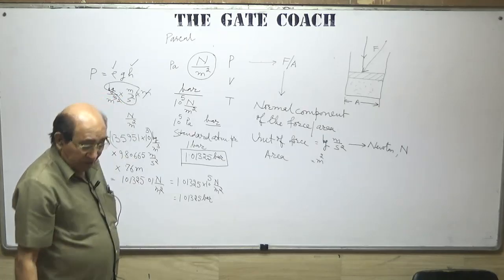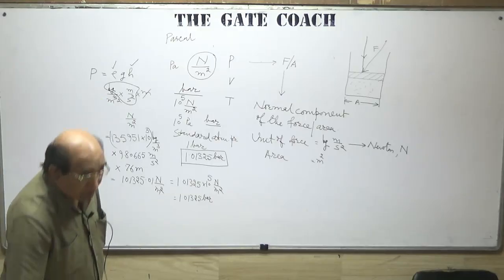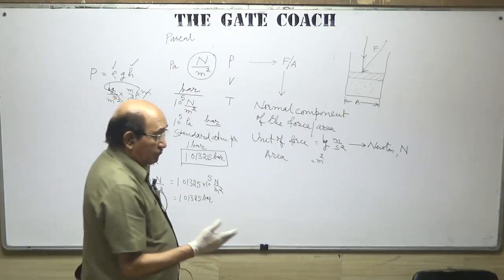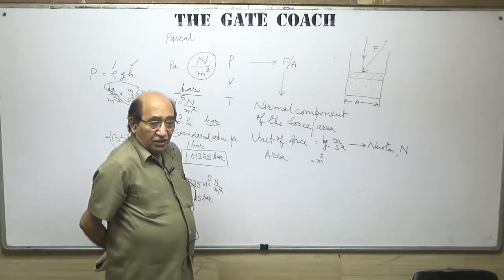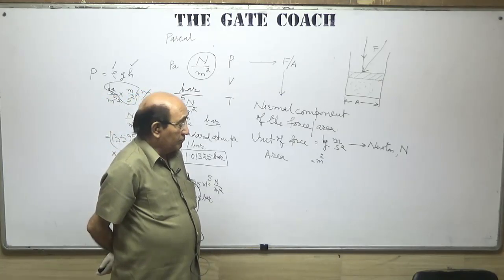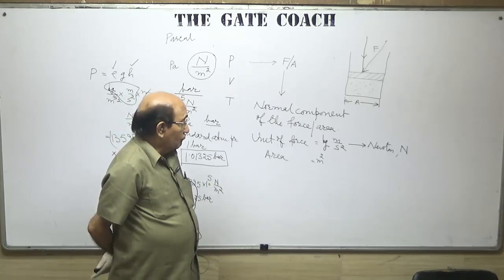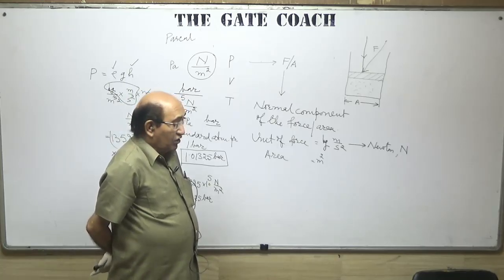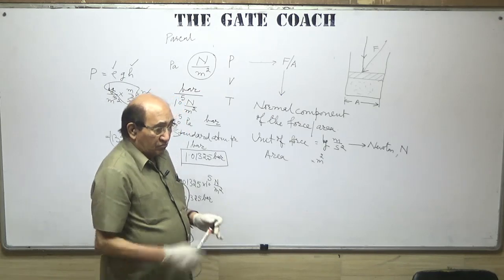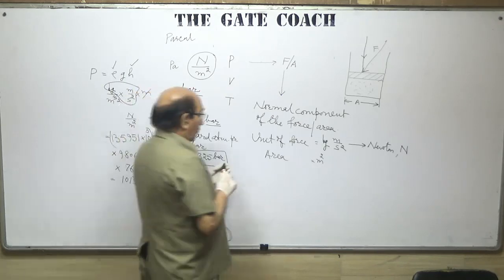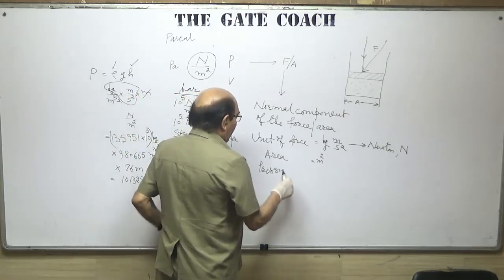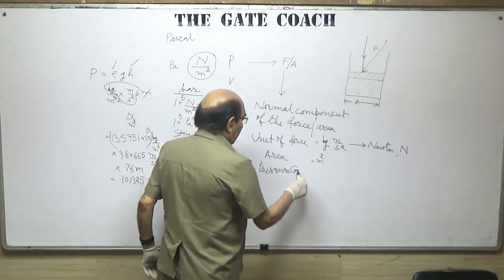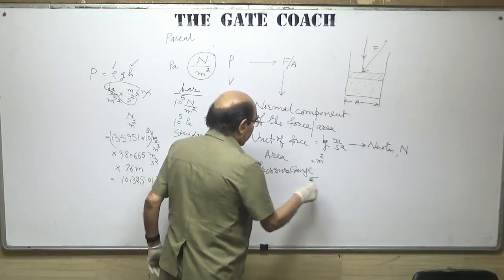Now this pressure, small values very close to the atmospheric pressure, can be read with the help of the barometer. Values higher than that, in engineering, we measure with the help of a pressure gauge.